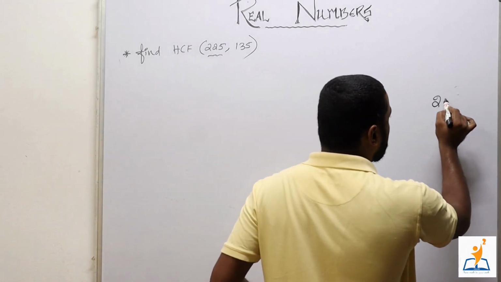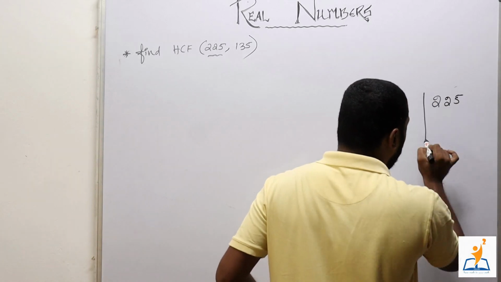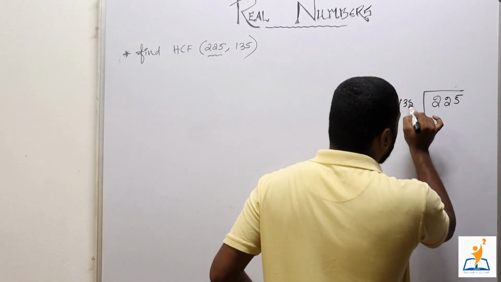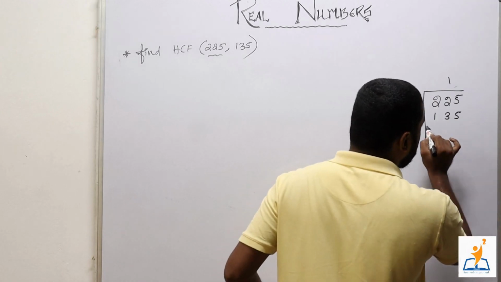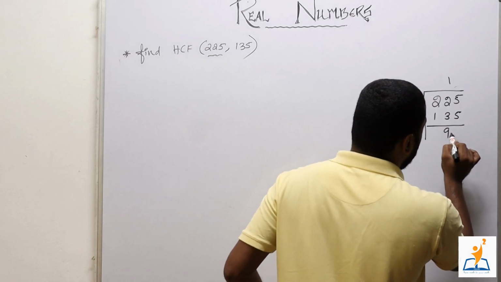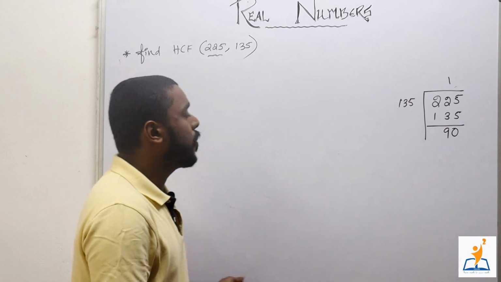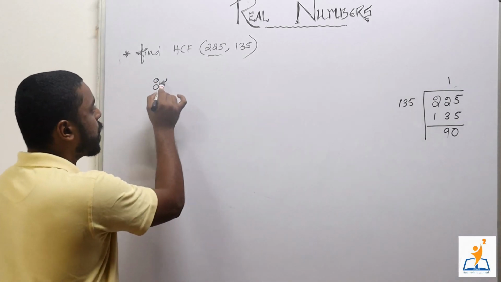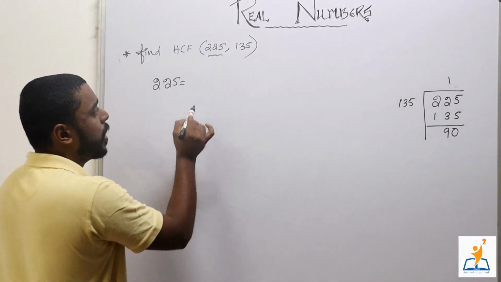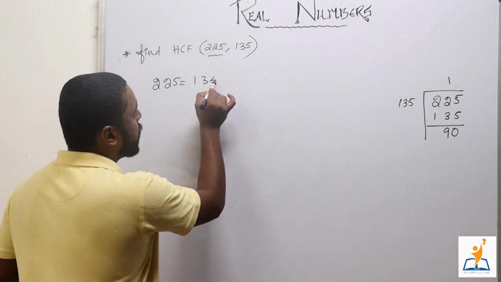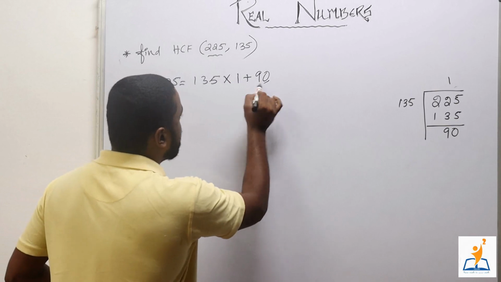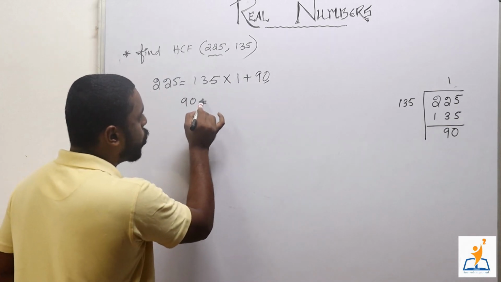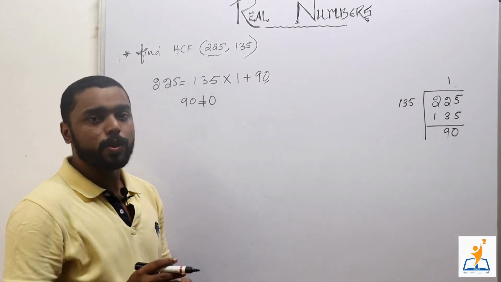We shall divide the bigger number 225 by 135. 135 is contained one time, and the remainder is nothing but 90. So we get 225 is equal to 135 into 1 plus 90. Here 90 is not equal to 0.